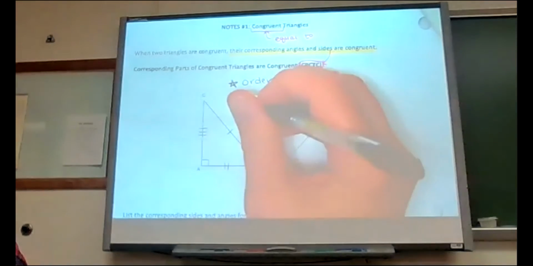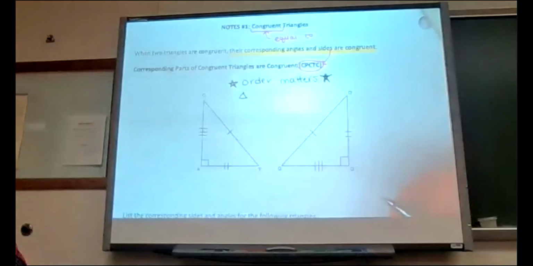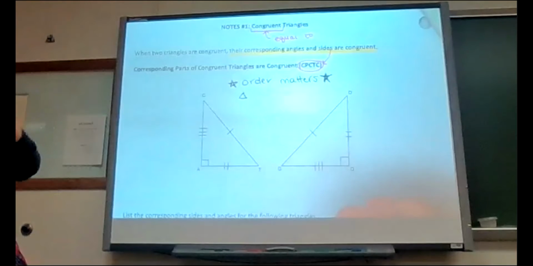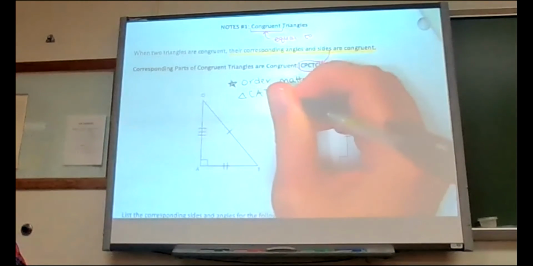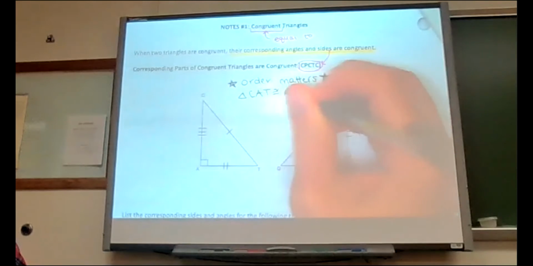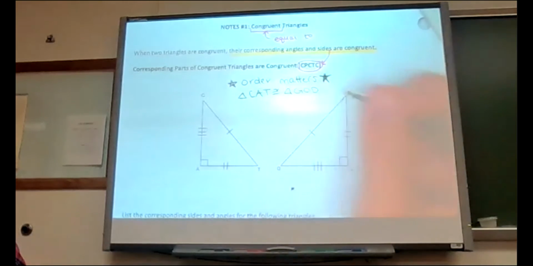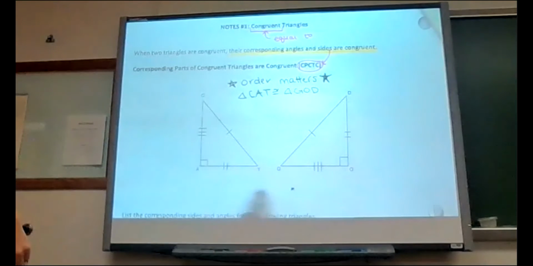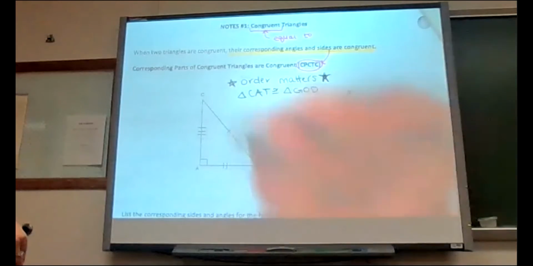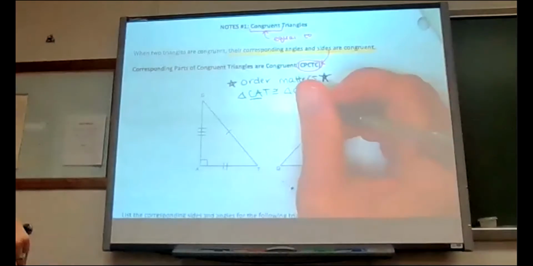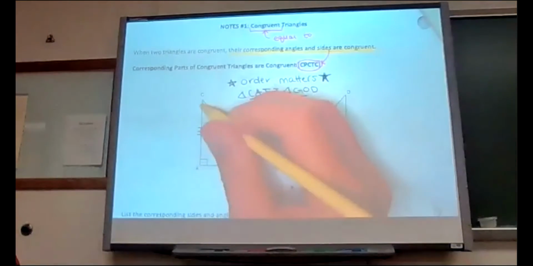If I'm given a congruency statement, a congruency statement is saying this is congruent to that. So my statement is going to say that triangle CAT is congruent to triangle GOD. Now you may have looked at that and wanted to say cat and dog are congruent if you look at the triangles. But I know that CA and GO correspond because they're marked with the same number of tick marks.